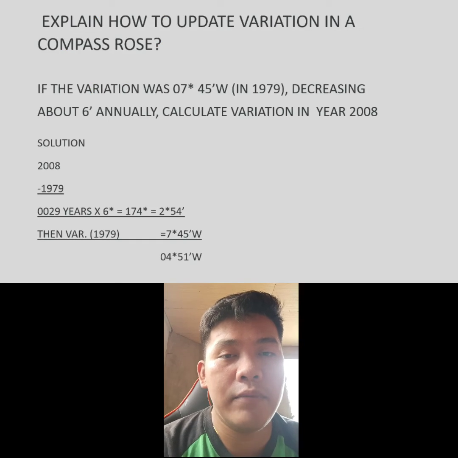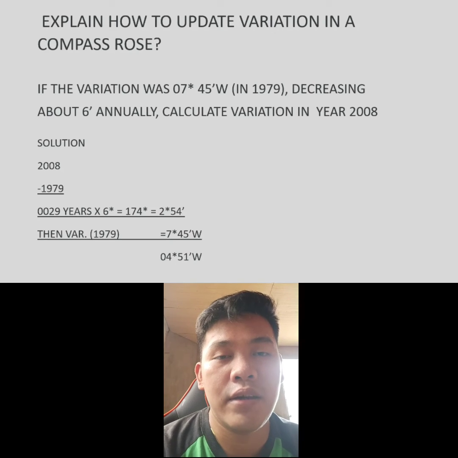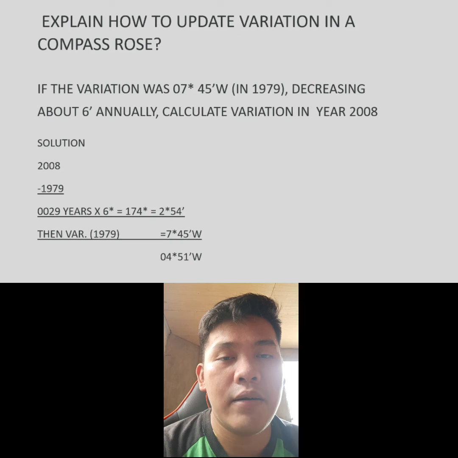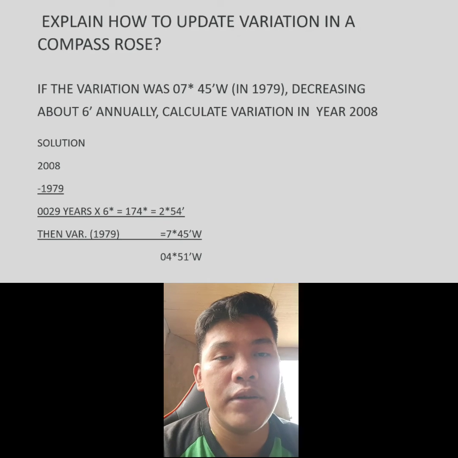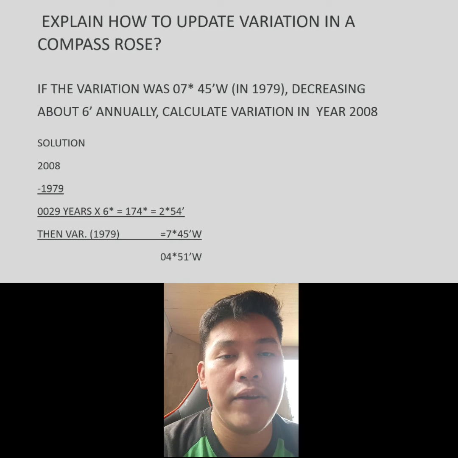And the last one was, explain how to update a variation in a compass rose. If the variation was 7 degrees and 45 minutes west in 1979, decreasing about 6 minutes annually, calculate the variation in year 2008.